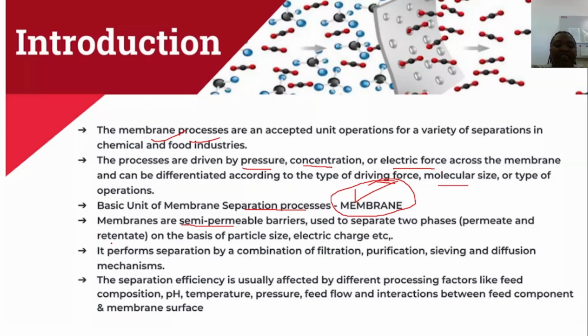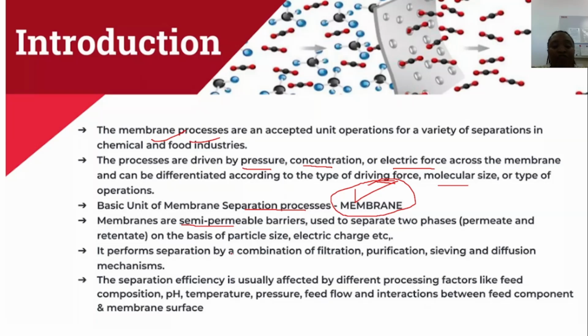Then we have the retentate, which is retained on top of the membrane, based on the particle size, the electric charge and all that. So the two components will be dependent on size, electrical charge, pressure, etc.